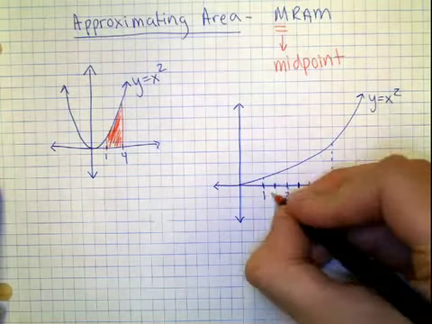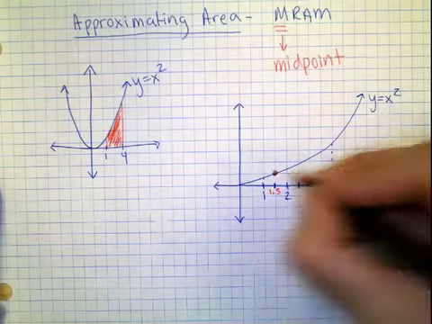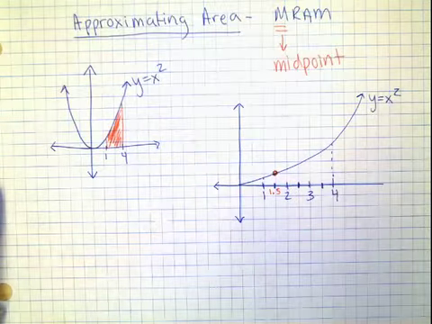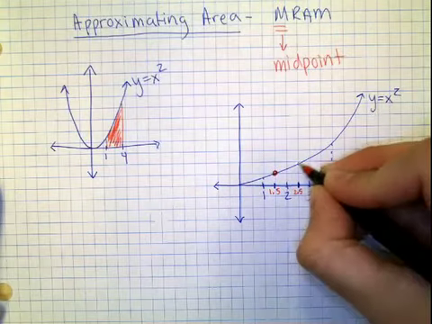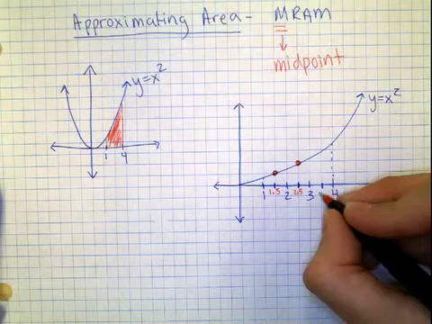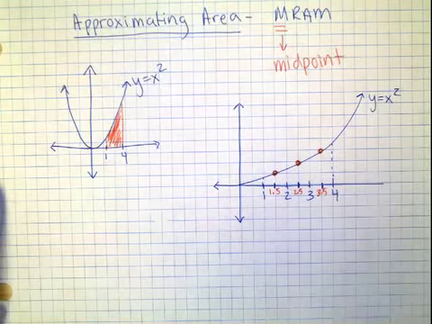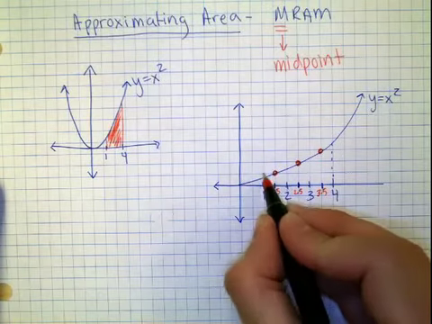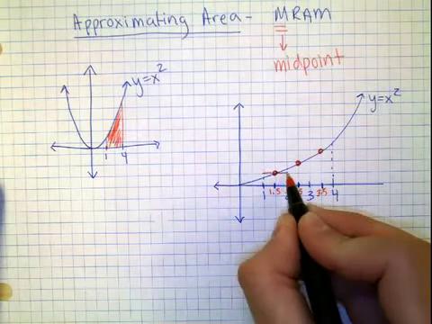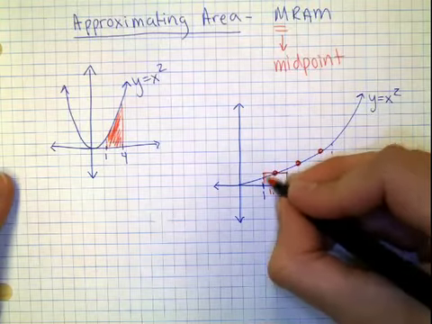I'm going to go to the first one, 1.5, and put a dot on the curve right at 1.5. Then I'm going to go to 2.5 and put a dot on the curve. And at 3.5, the same story, put a dot on the curve. Essentially, between 1 and 2, I'm going to draw a rectangle that goes straight through the midpoint, like this. So here's my first rectangle.